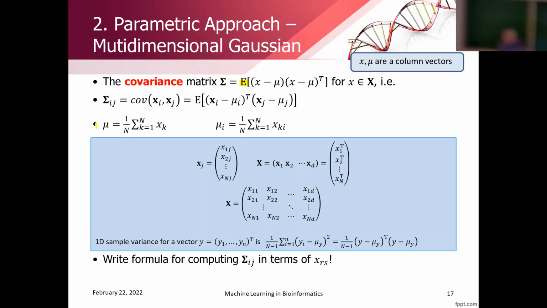We can just compute the sample mean for each column, and this will be the vector mu. But the problem is the covariance matrix. The covariance matrix at row I and column J is the covariance between the I's attribute and J's attribute. Mathematically, it's so simple, but we have only the observations. So we must approximate the covariance from our observations.